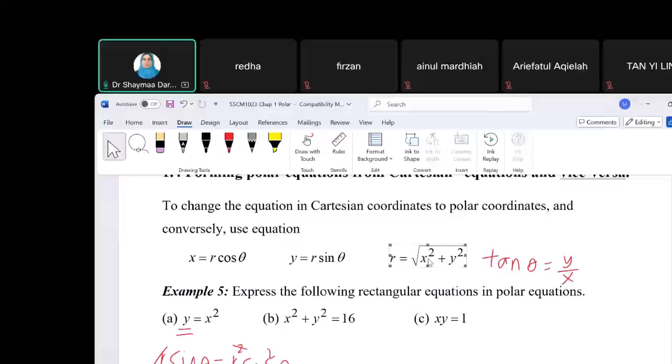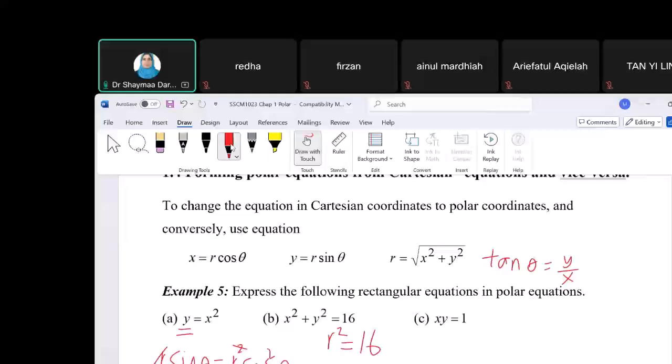I know that x square plus y square is equal to r square. So directly, we can say that r square equal to 16. So this is your equation.